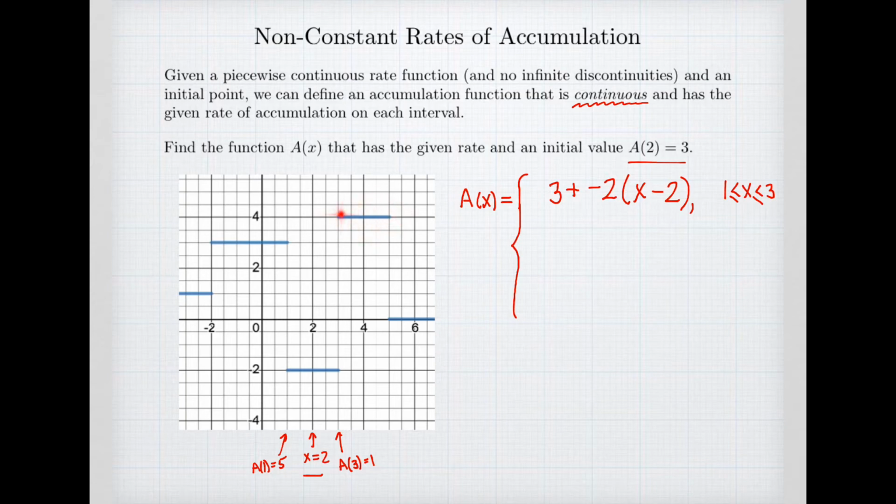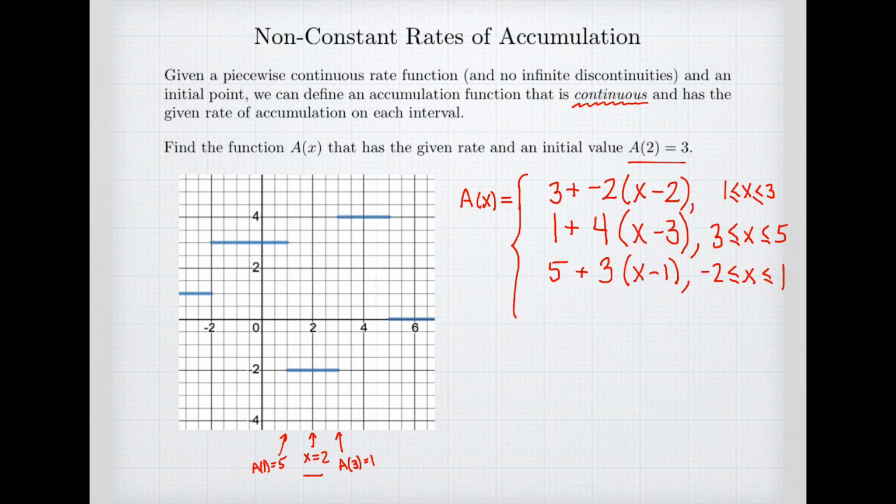For the interval that goes from 3 to 5, I'm going to start with this point at the left edge. A of 3 is 1, and I'll use the slope to find all the way up to 5. And for the interval to the left of 1, I'm going to use the interval with the slope of 3 and the point 5 to construct my formula.